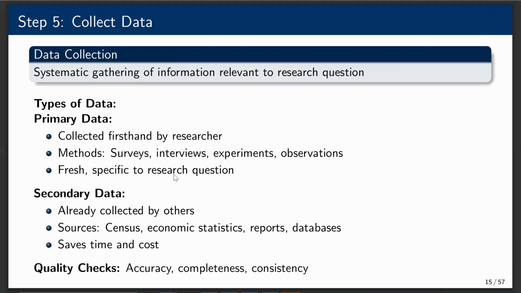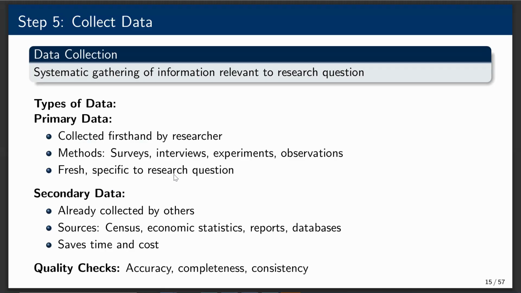Next step is collect data. Data collection is basically systematic gathering of information relevant to research questions. Next, what are the different types of data?